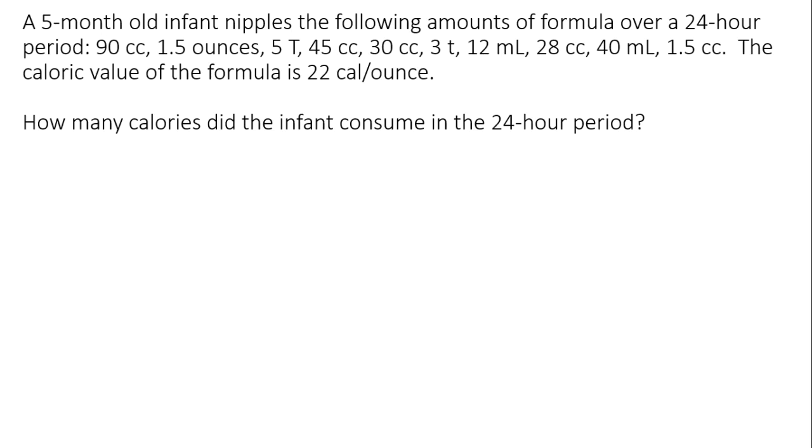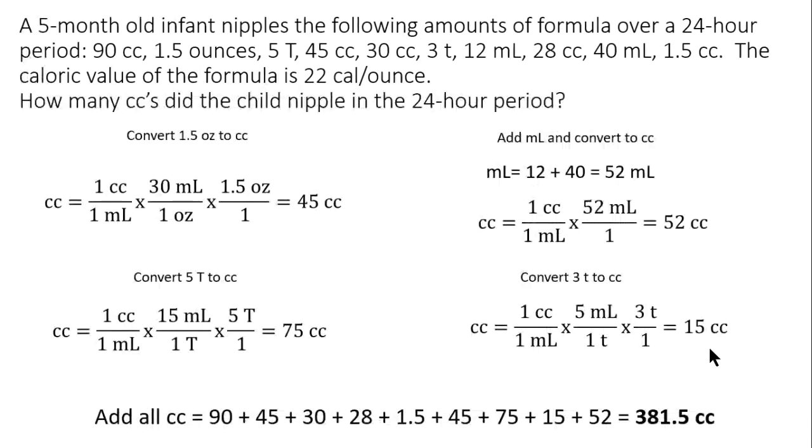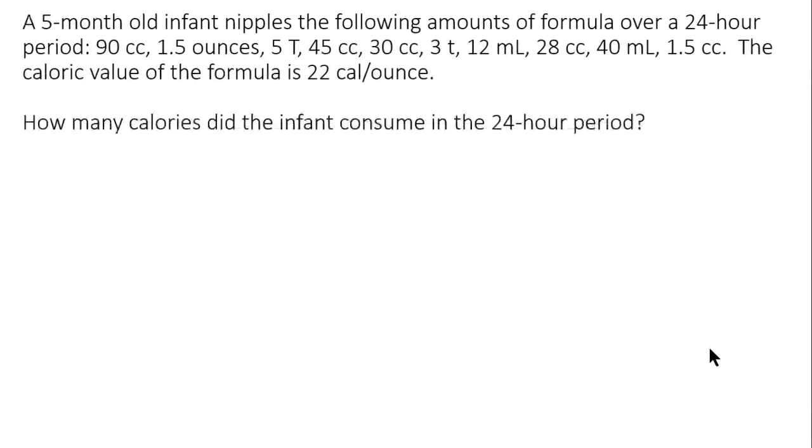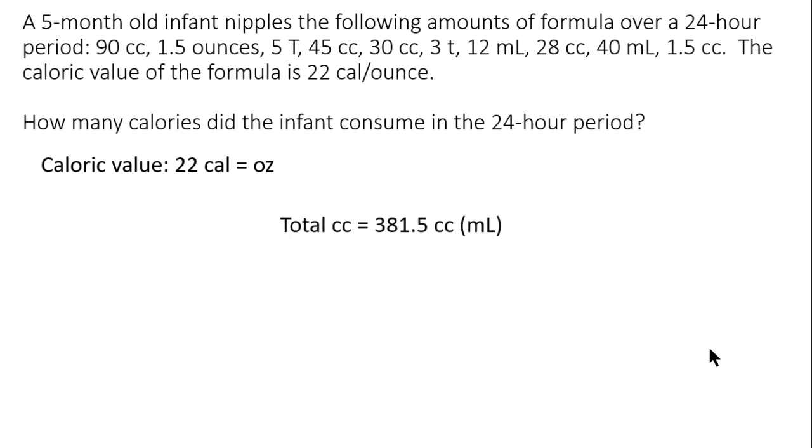All right, so we want to know how many calories the infant consumed in a 24-hour period. So we know that the infant consumed a total of 381.5 cubic centimeters, which is the same as milliliters. And our caloric value for this formula is 22 calories per ounce. So we are looking for calories per day. So we put calories on top. So 22 calories per ounce.